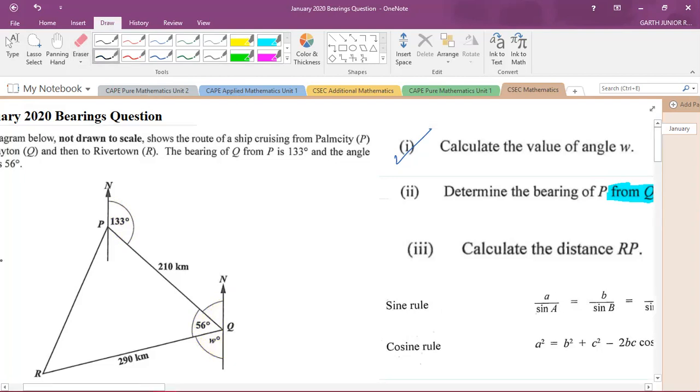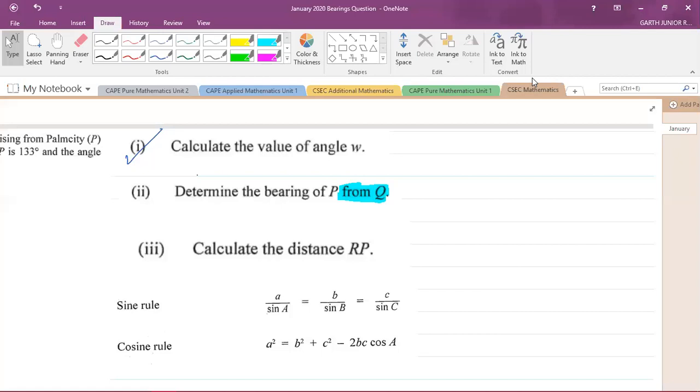So it says that we are to determine the bearing. Let's go back to it. Yes, it says that we are to determine the bearing of P from Q.